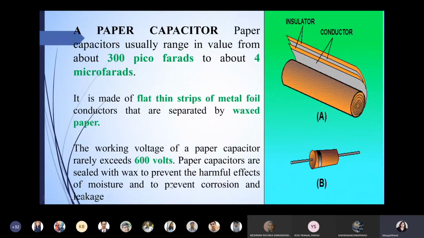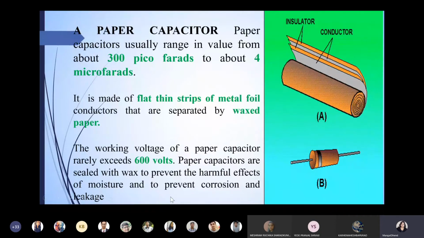the moisture, and it also prevents corrosion, because here paper is used in contact with aluminum foils or metal conductors, so you have to avoid corrosion also, because the capacitor will be heated up.